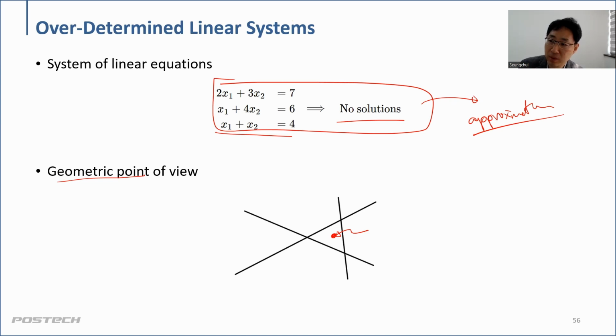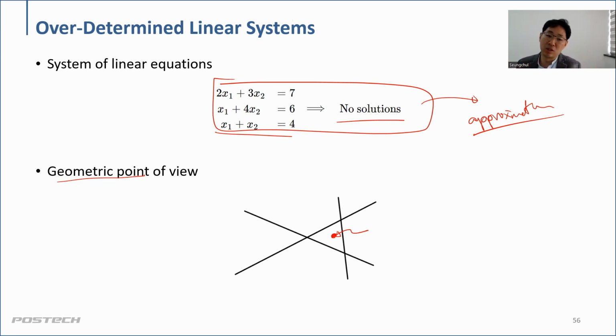Again, let me repeat it: machine learning is all about approximations. Because we have a bunch of data points that we observe or measure, and we want to approximate and represent the general pattern of the data points. So it's all about approximation problems.